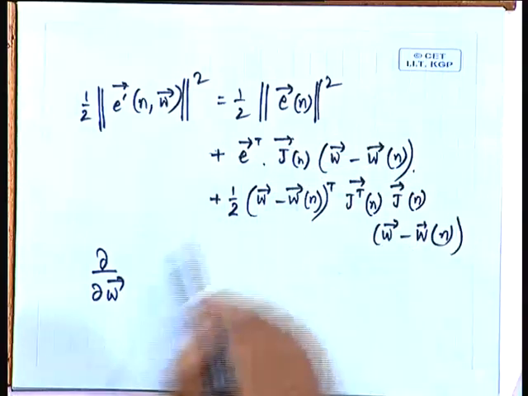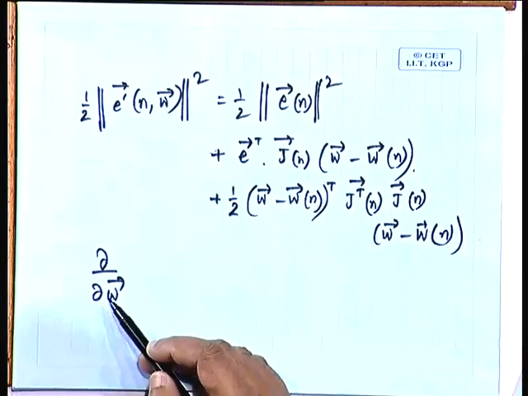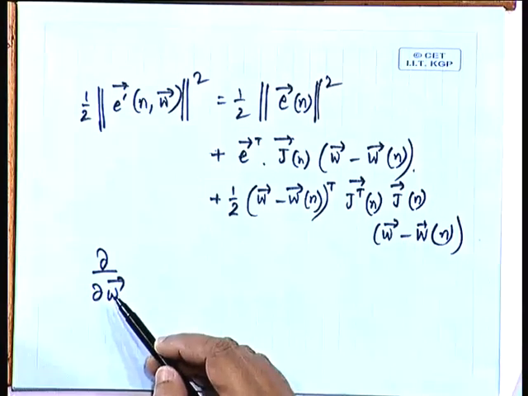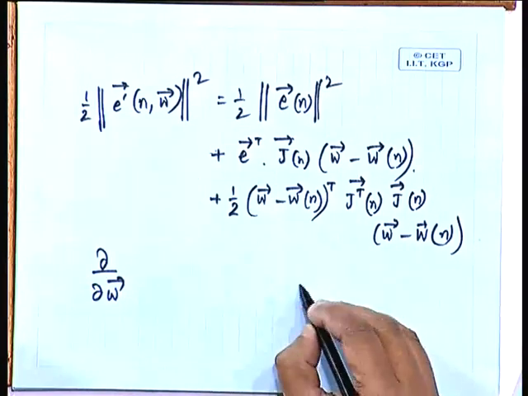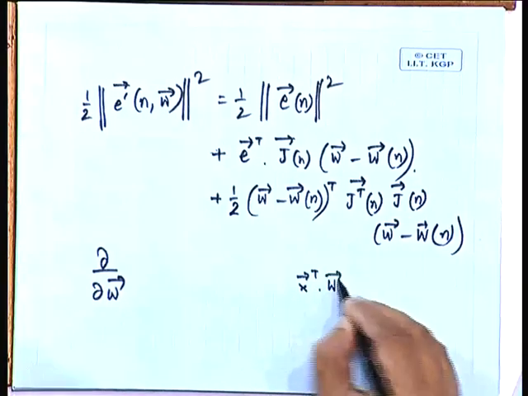Whenever you are differentiating this with respect to W vector, it is a differentiation of this form, isn't it, X transpose W vector.